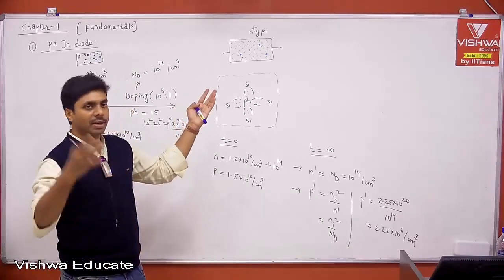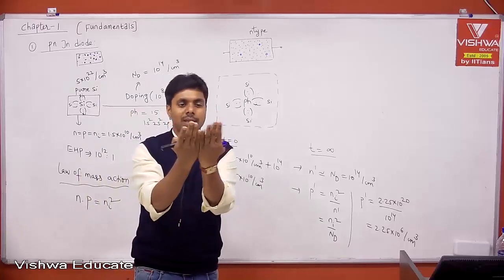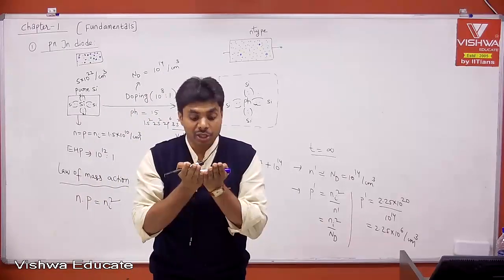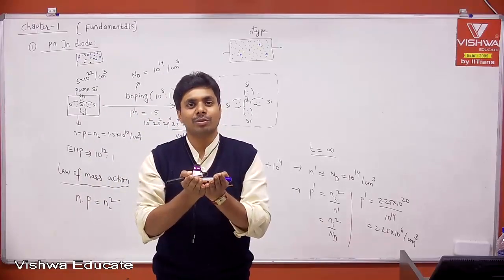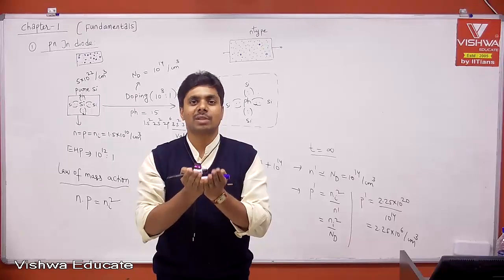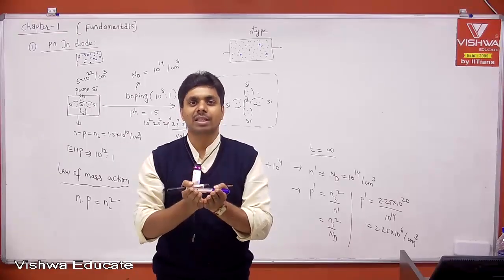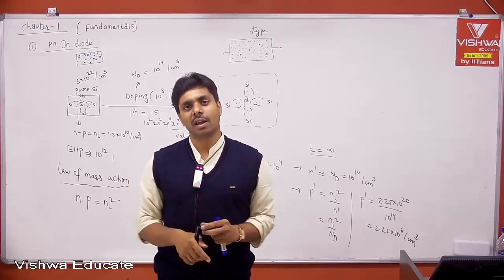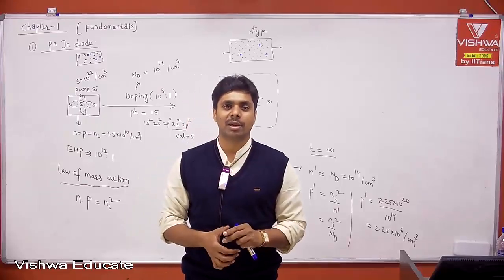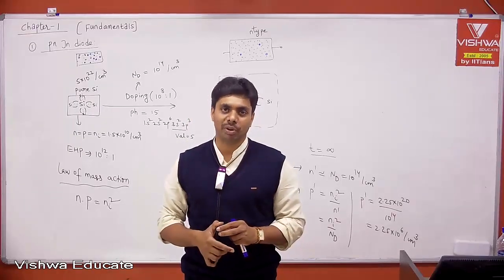Then you will get P-type and N-type, then you combine P and N, you get a PN junction, you will get a depletion region. Then if you ask me due to the depletion region, what is the contact potential, which is V0, that is nothing but V0 is equal to Vt ln of Na into Nd divided by Ni square, which we have seen before.